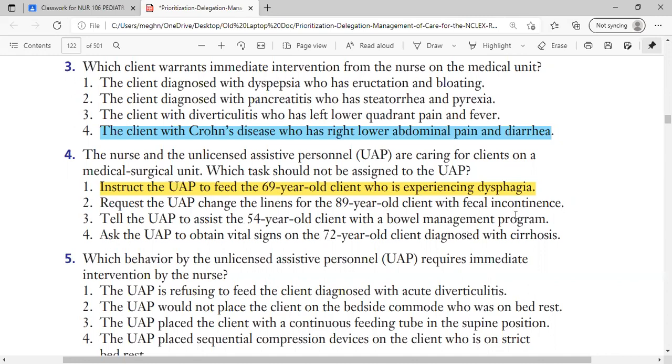Bowel management means routinely going to the toilet, right? So it is an easy task for the UAP. Number 4, ask the UAP to obtain the vital signs on a 72-year-old client diagnosed with cirrhosis. The UAP can obtain vital signs on a stable patient, because the 72-year-old diagnosed with cirrhosis is a very stable patient, right? But number 1 is the answer.